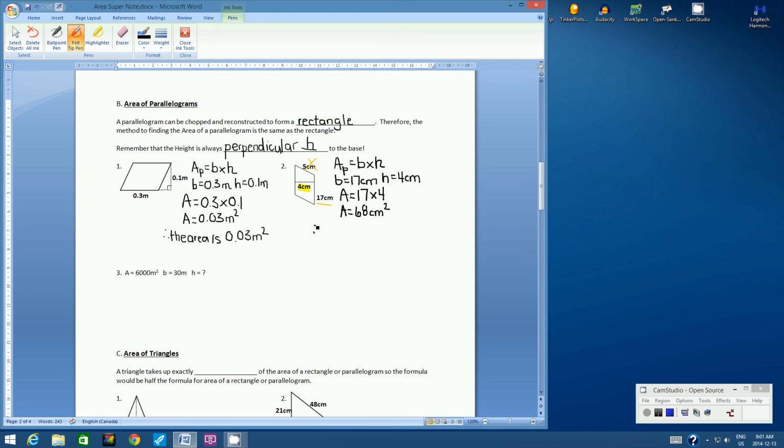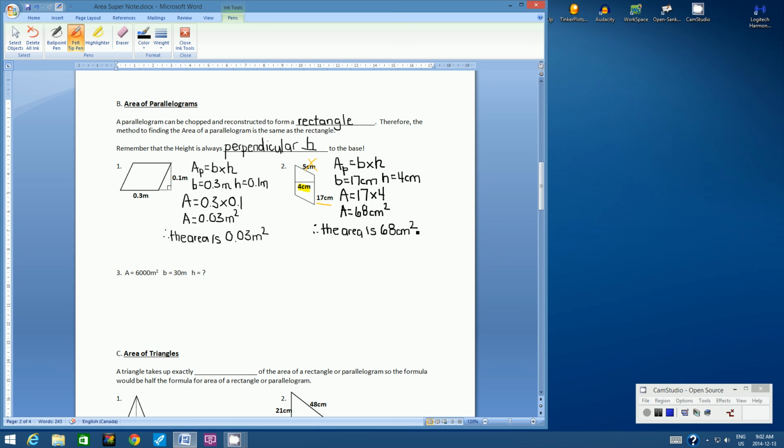Final line is the conclusion statement. Therefore, the area is 68 centimeters squared.